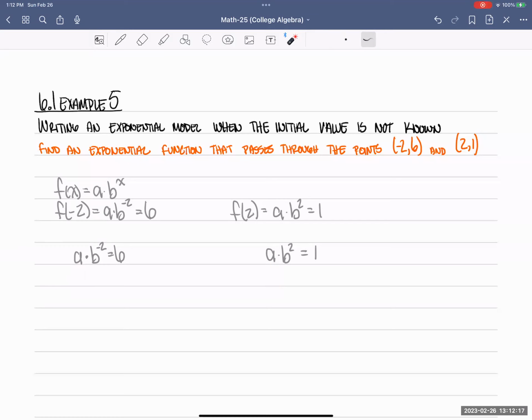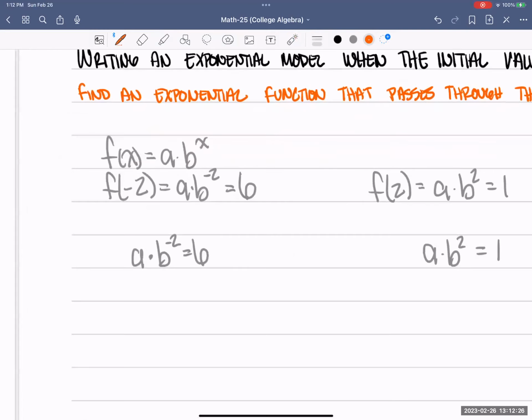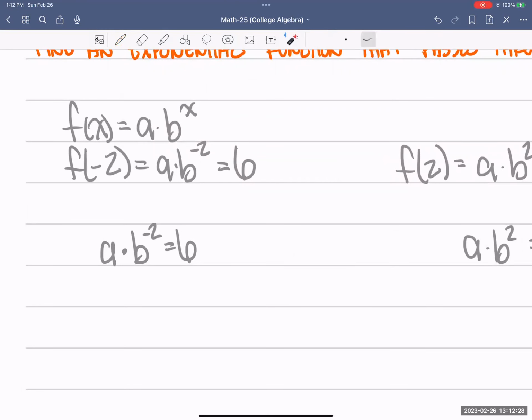If we get them equal to each other, we could just set those two equations equal to each other, possibly solving for b. So let's move this over to the other side. Whenever we're multiplying with the same base, we could just add the exponents together. Dividing by b to the -2 is the exact same as multiplying by the reciprocal, so multiplying by b to the 2.